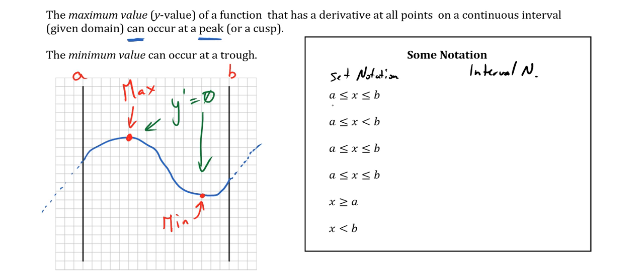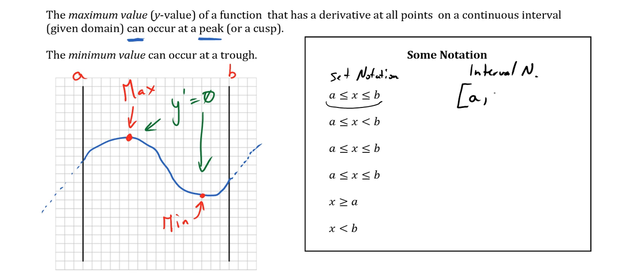So if we're going to write the matching situation for each of these, but in interval notation. What's interesting about this one is it's going from A to B, and it includes A and includes B. So x is in the interval between A and B, including A and B, because A is less than or equal to x, which is less than or equal to B. So how would that look in interval notation?